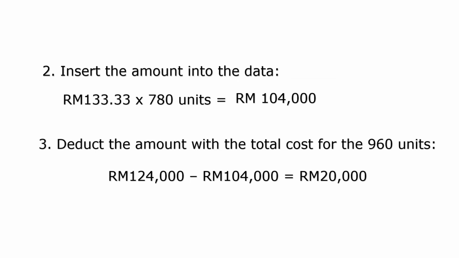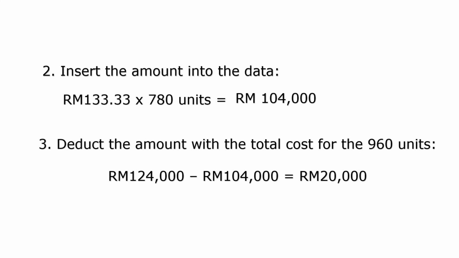So the lowest unit is 780 units, multiplied with the variable cost per unit of 133 ringgit and 33 cents, the amount that we derived from the formula used under the high-low method. Multiplying these two brings us to the total variable cost of 104,000.